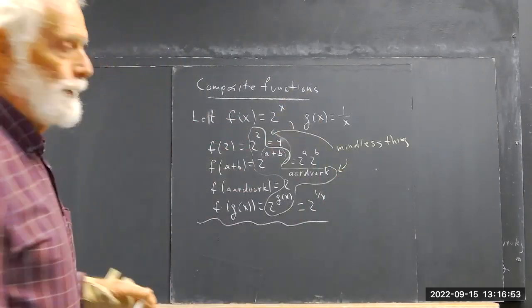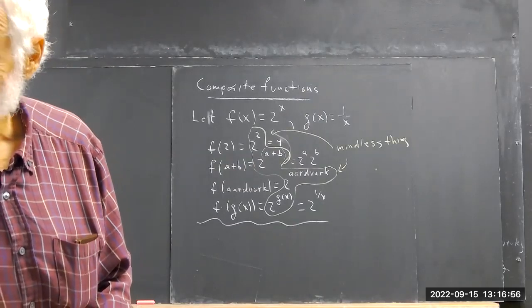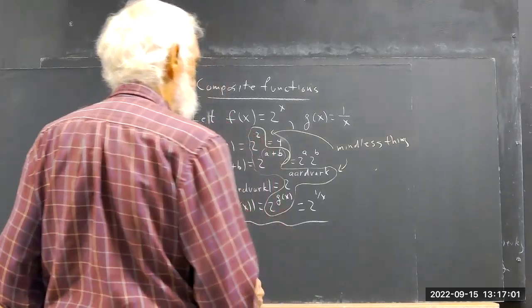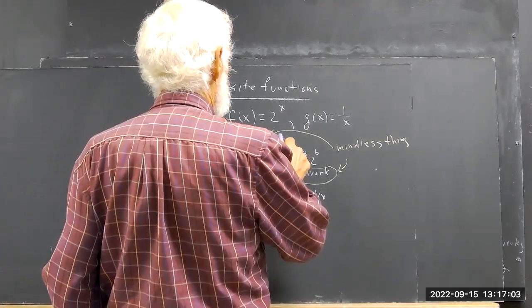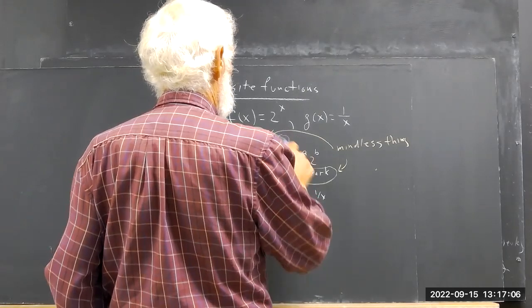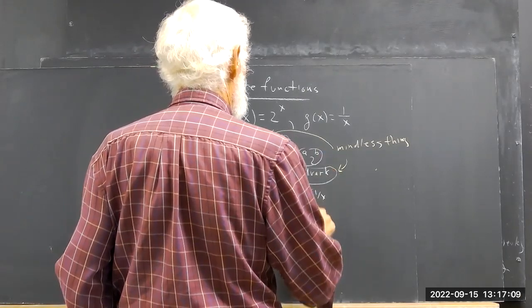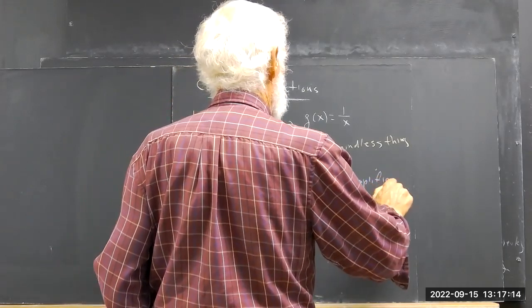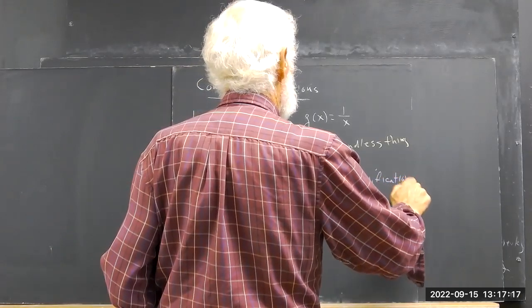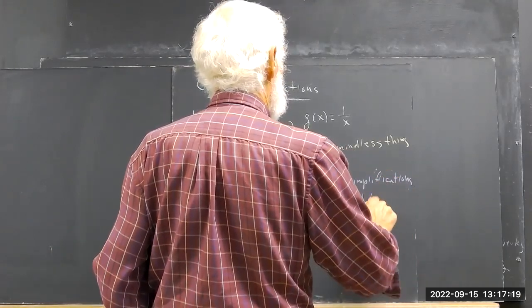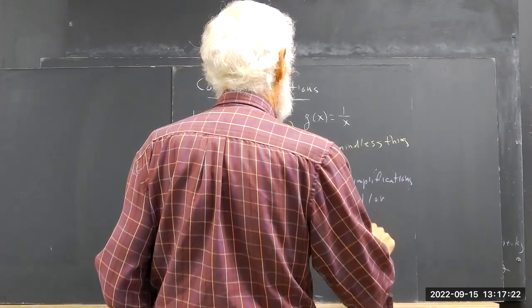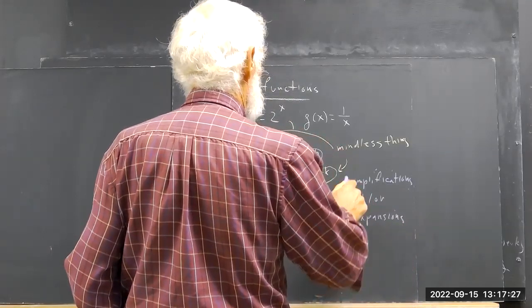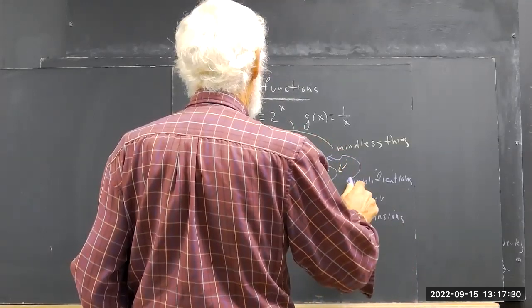Inside the yellow boundary is the mindless thing. And then we have some simplifications. And I would call these simplifications and or expansions.